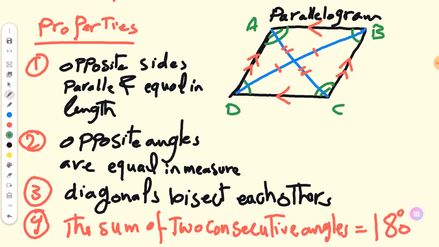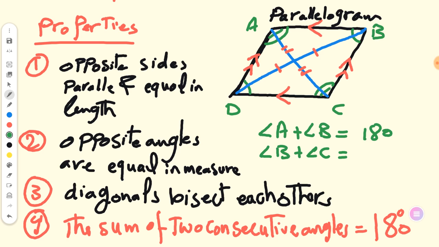Angle A plus angle B are two consecutive angles, and their sum is 180. Angle B plus angle C are two consecutive, and their sum is 180. Angle C plus angle D are two consecutive, and their sum is 180, and so on. Angle D with angle A are also two consecutive angles, their sum is 180. These are the properties of a parallelogram.